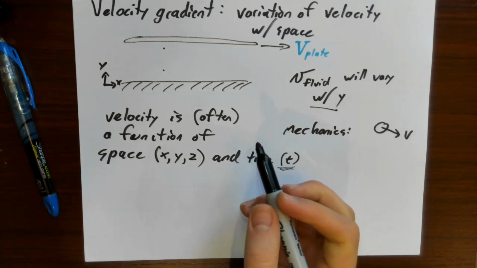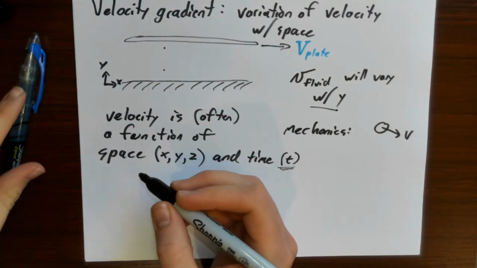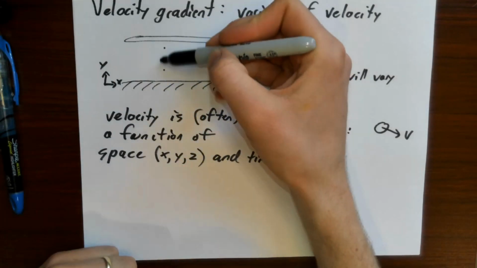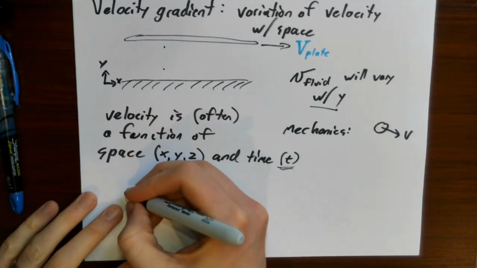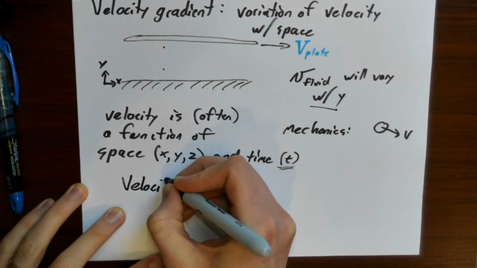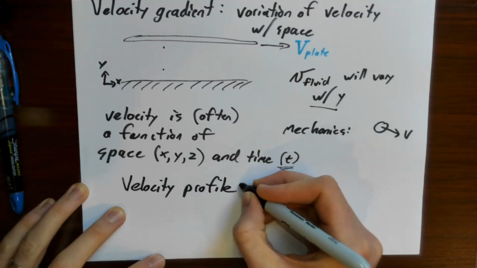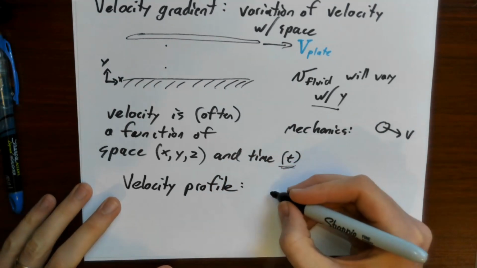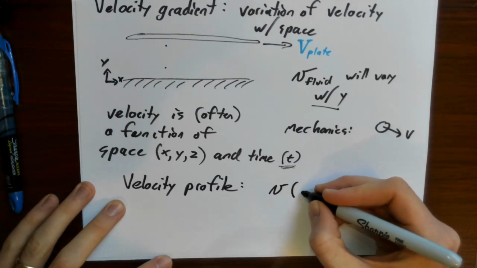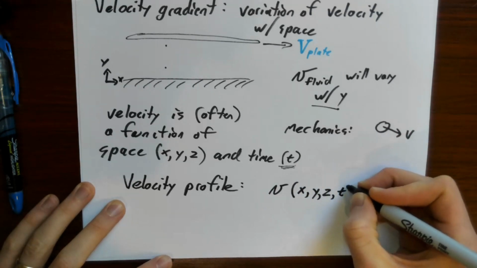So velocity gradient is important in this, in that velocity varies spatially. So a velocity profile is essentially the velocity as a function of x, y, z, and time.